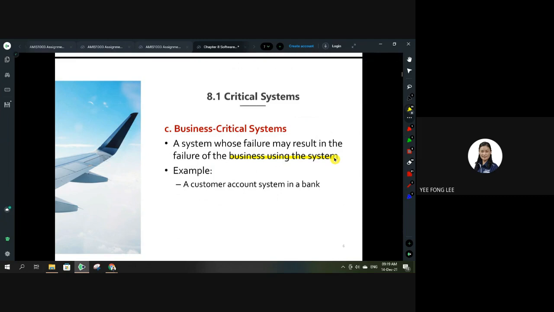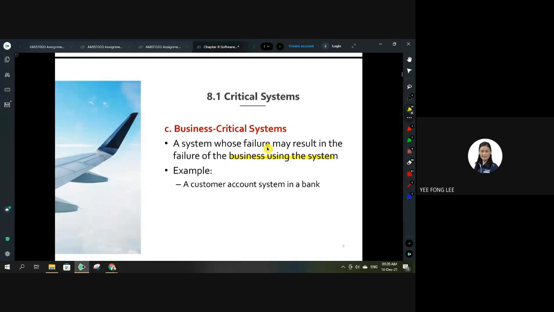So a business critical system is a type of system that an organization might rely on to carry out their normal business operations, so that the business can run smoothly and successfully. If a business critical system fails, for example a customer accounting system in the bank, or an online banking system, if it fails or is interrupted, then the organization might face financial losses, reduction of their productivity, and also dissatisfaction from the customers.